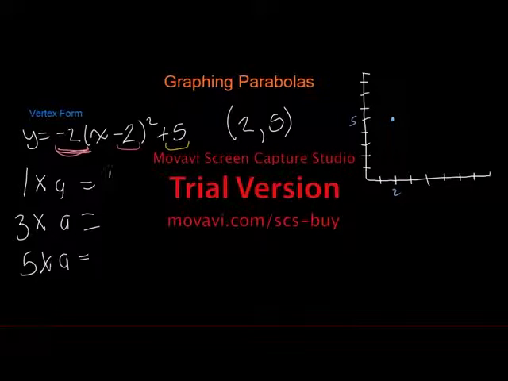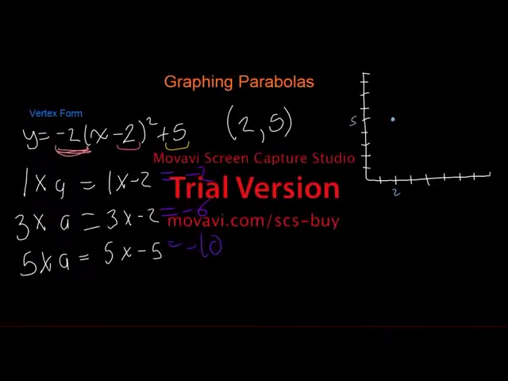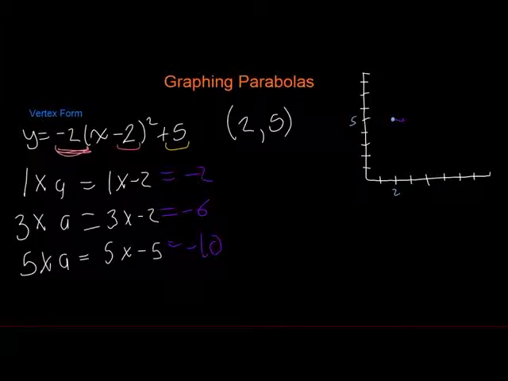So that's going to be 1 times -2, 3 times -2, and 5 times -2. And that's going to be -2, -6, and -10. And what these numbers mean is that from the vertex, you go to the right 1, and you go down the value of 2.